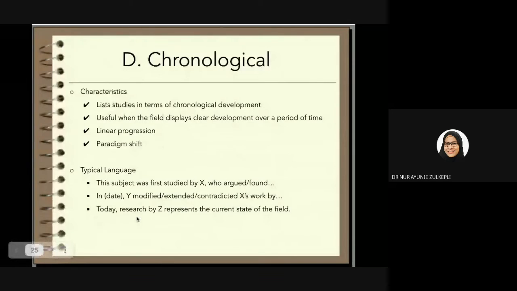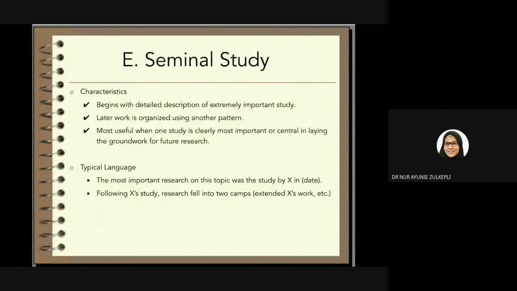Our research group, okay, the research group Z represents the current state of the field. So it is organized in chronological order. Okay, this is one type. And you can also apply the seminal study, okay, to clearly address groundwork for future research, basically for recommendations for future research.